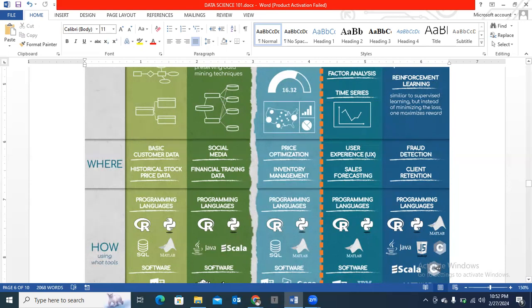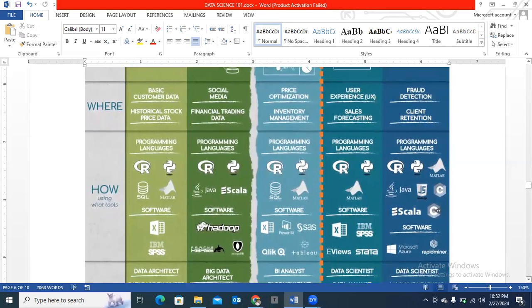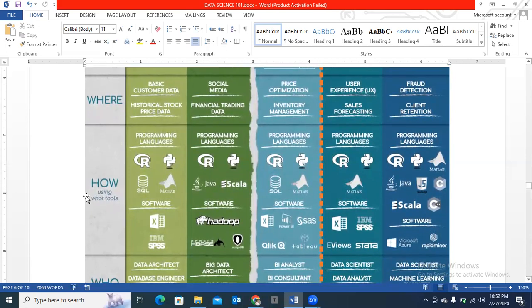Now, what are the tools that we use? If you look across, you will see that there are common tools that run through. We have R everywhere. We have Microsoft Excel almost everywhere, except in those places that involve machine learning, like big data, where you cannot use Microsoft Excel.